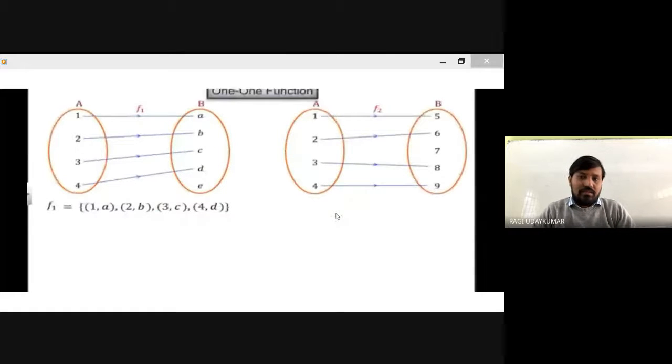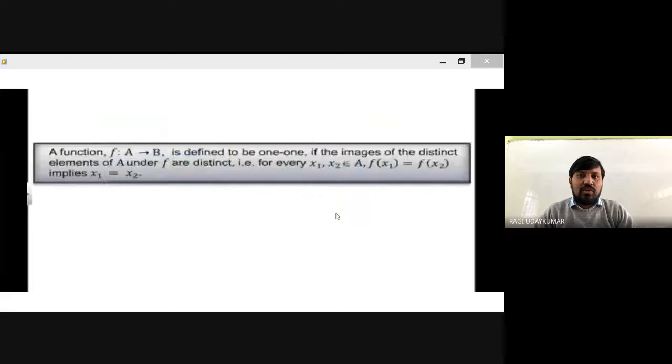So another one, functions. Whenever you are going to take up functions, there are types of functions. So here is one function, which is called a one-one function. A function is called a one-one function if it is having a one-to-one relation. A function f from A to B is defined to be one-one if the images of the distinct elements of A under f are distinct.